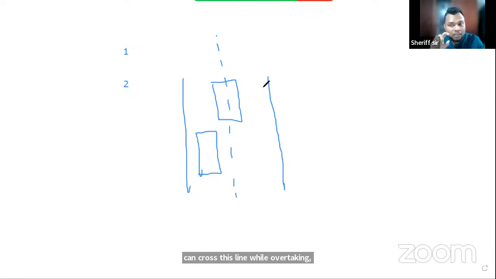Then Sri Lankan people cut out the overtaking part, and they think you can cross this line. Then 'you can cross this line' becomes 'you have to cross this line'. They interpret this as you must cross this line. So every day when they are driving, they cross this line. They drive like this.